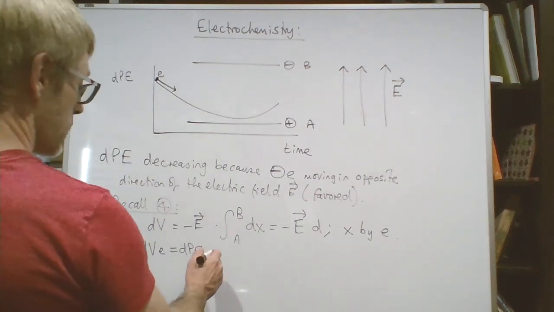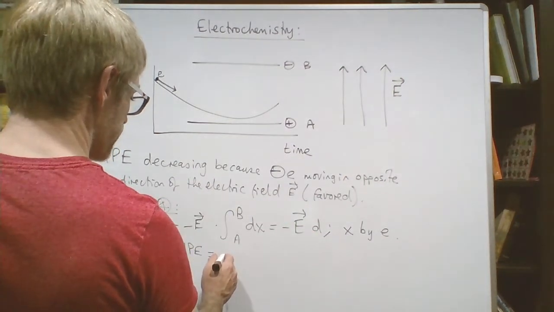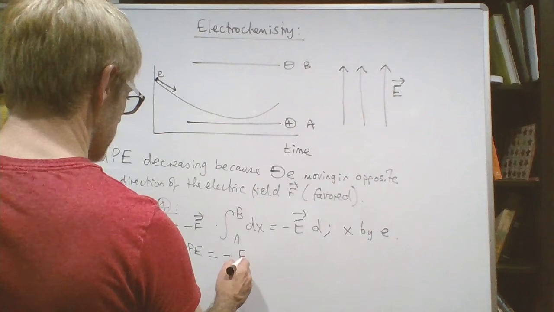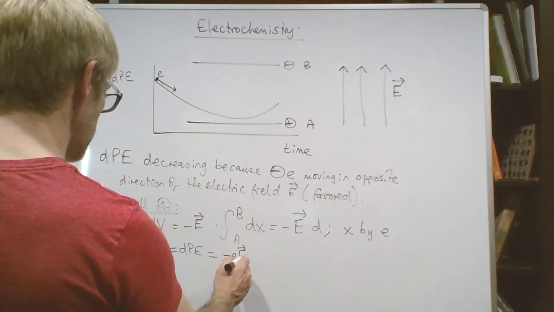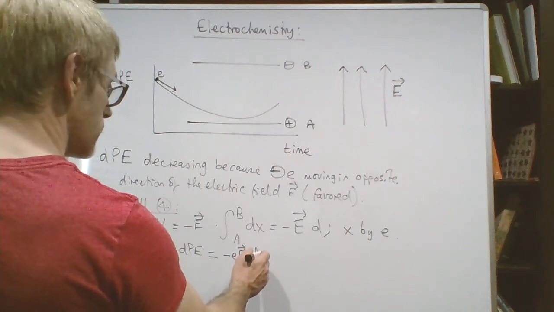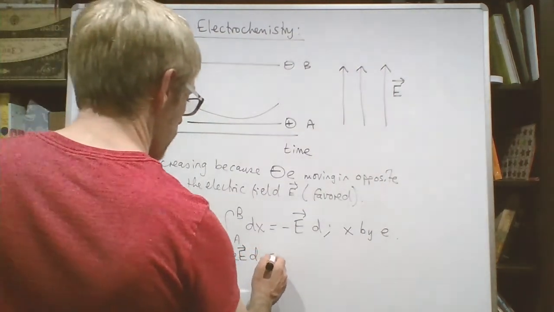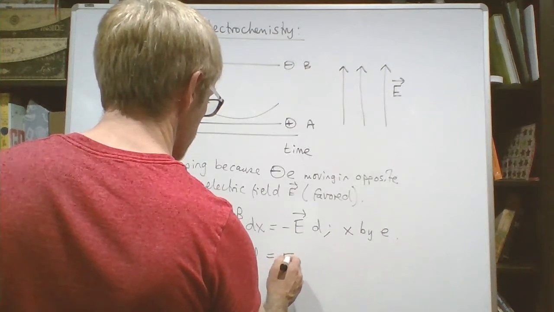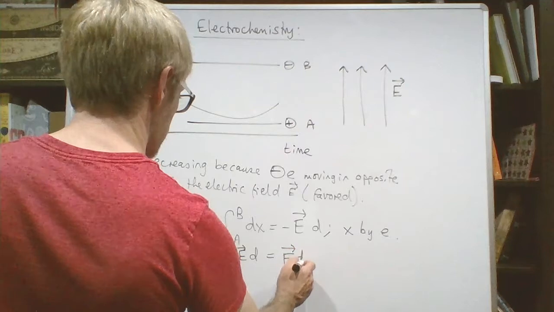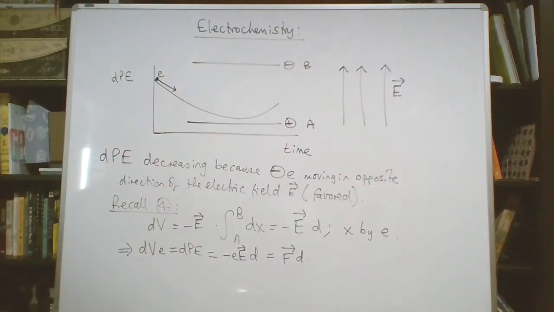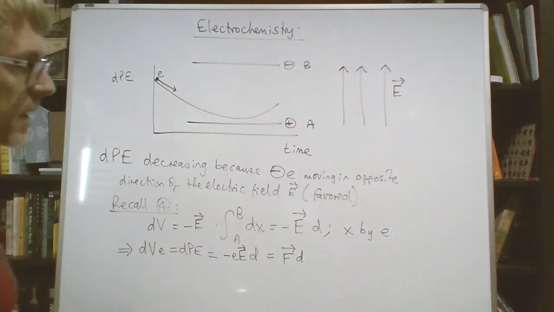Well, this is now going to be minus E E d, which is just the electrostatic force times the separation of those plates. You would dot through if the angle were relevant.